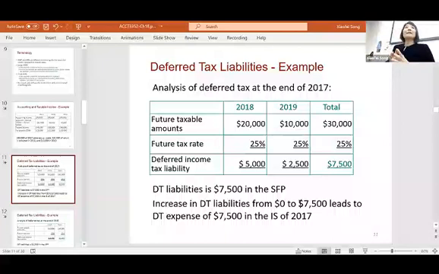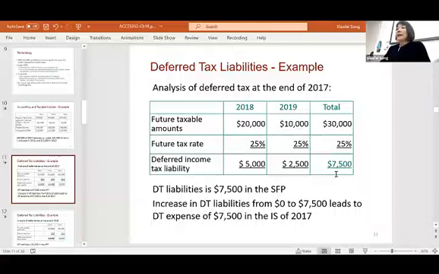Okay, a couple of things. We're going to repeat this, so we'll have another chance to go over that. You notice that the taxable difference at the end of 2017 is 30,000. However, deferred tax liability is not 30,000, right? That difference gives rise to deferred tax liability by applying the tax rate to that difference. So that's one thing to keep in mind.